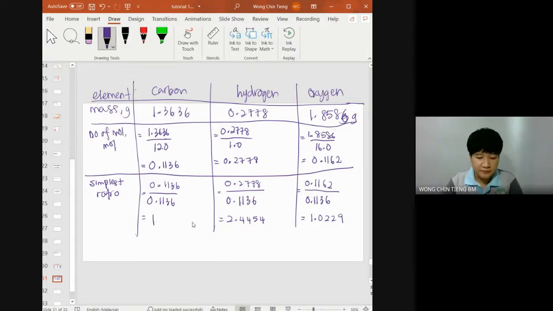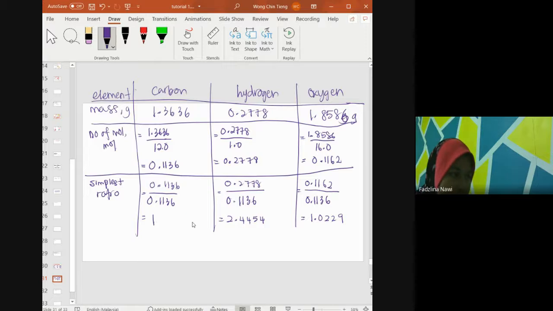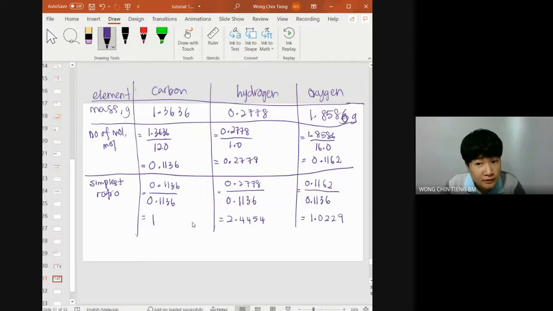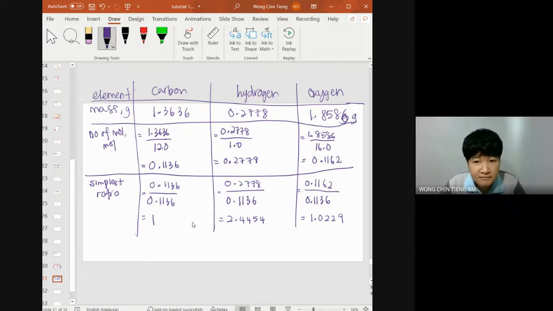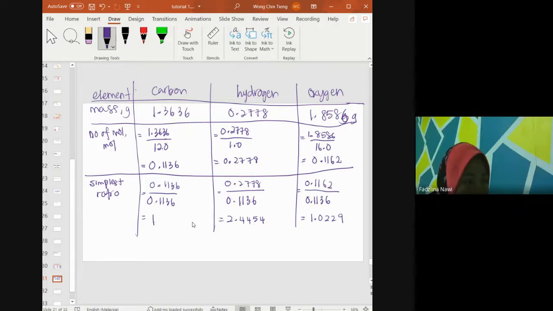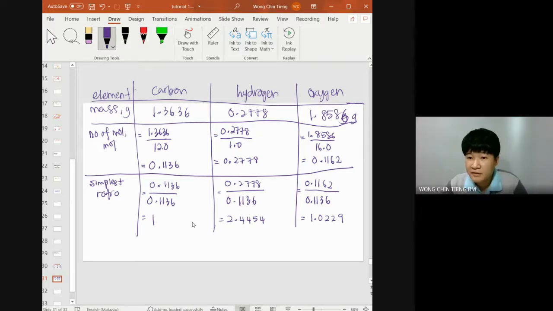Jawapan Fat apa? Yes, round off. Tak dengar sayang. Round off je. Yang lain? Syahira? Tak boleh round off.